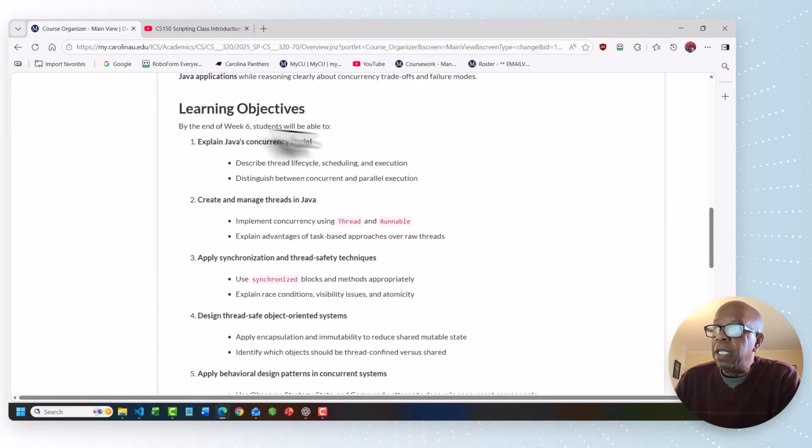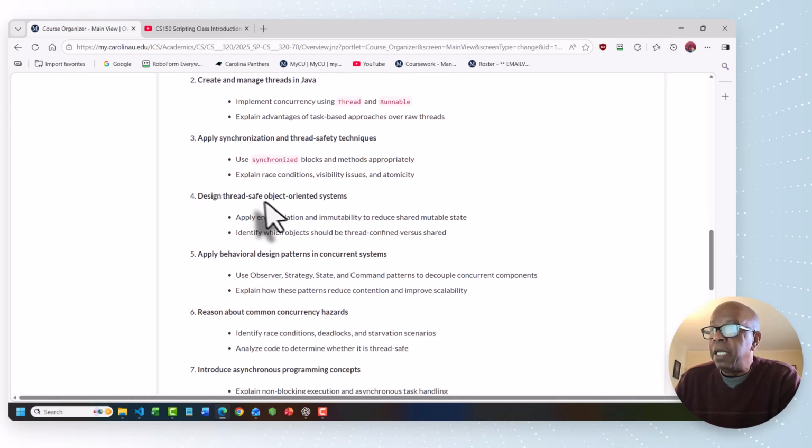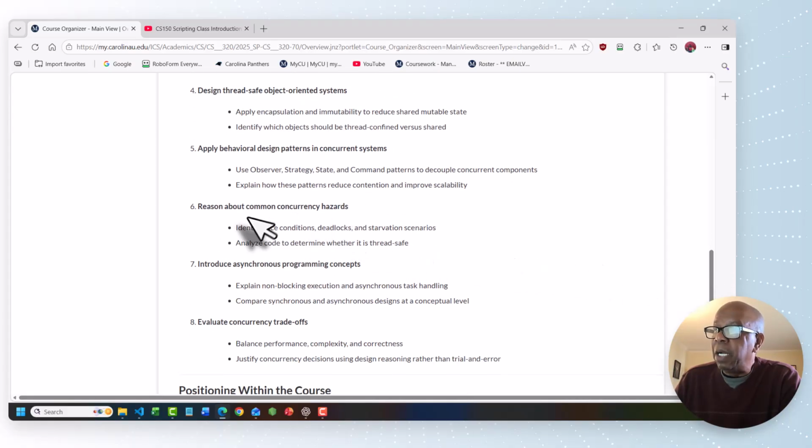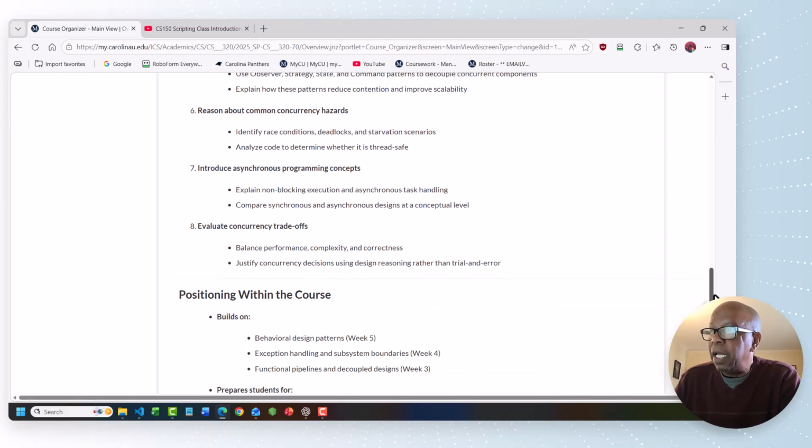So the things we're going to be concentrating on: explaining Java's concurrency model, creating managed threads, applying synchronization and thread safety techniques, designing thread-safe object-oriented systems, applying behavioral design patterns to concurrent systems, reasoning about common concurrency hazards, introduction to asynchronous programming concepts, and evaluating concurrent designs.